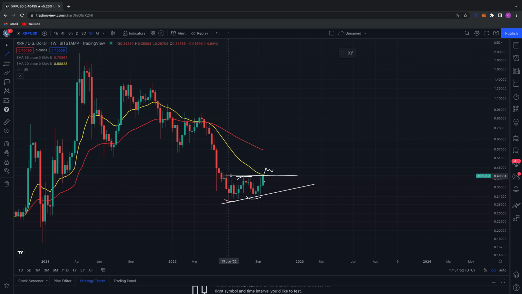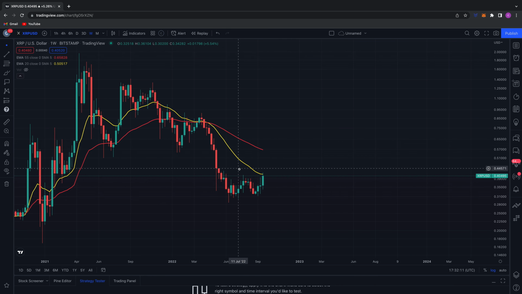And if you do get the break, the minimal target for me is from the neckline of resistance to the ascending support line of first point of contact. You're looking at a break up to this 55. So that's just a bit of confluence there, and that sits at a rough price tag of around 57 to 58 cents, I do believe. Okay, so it's just basic looking at these patterns here and seeing what the potential plays are.